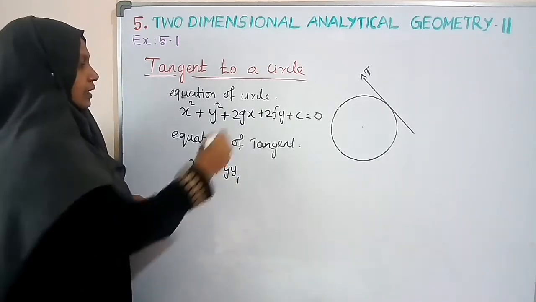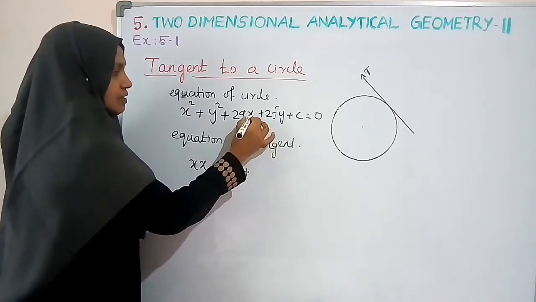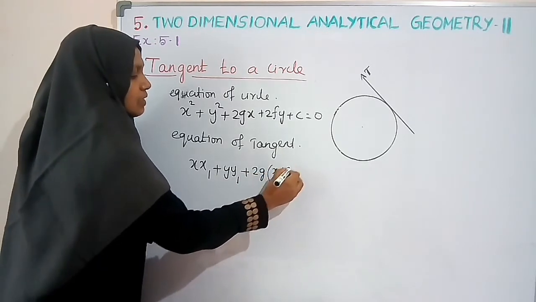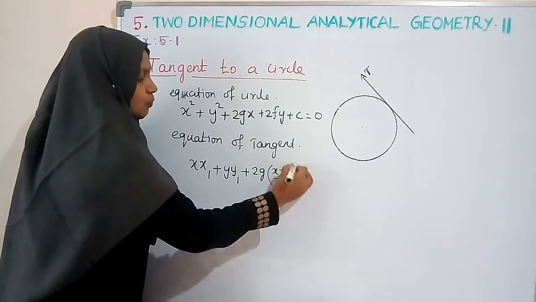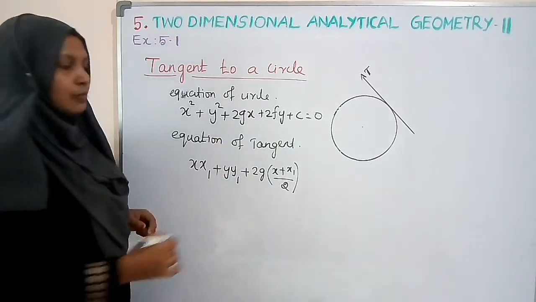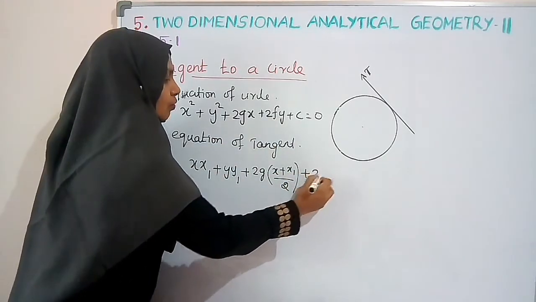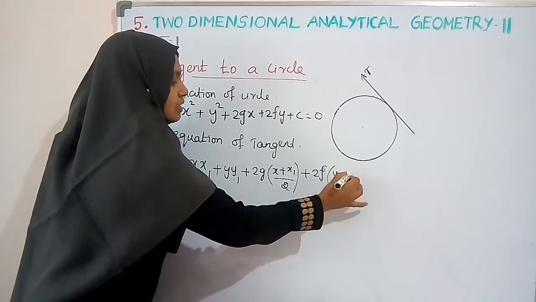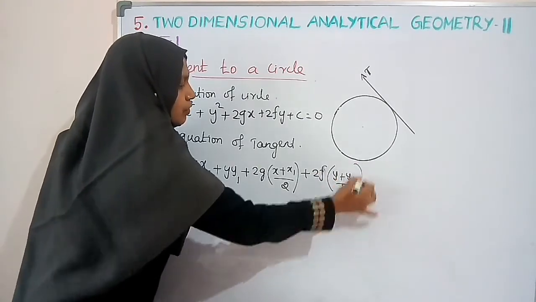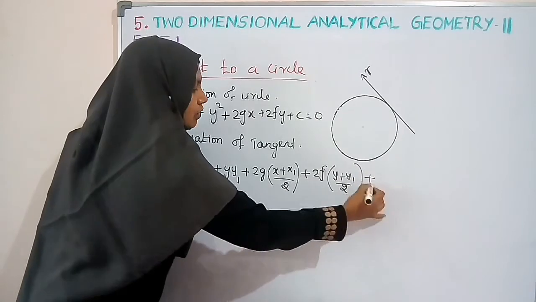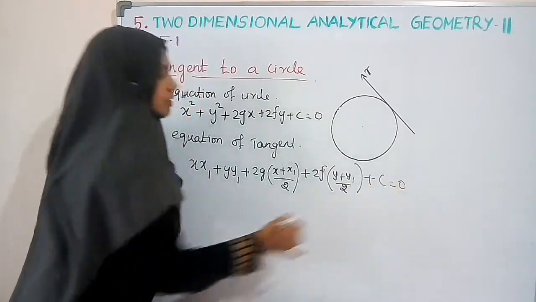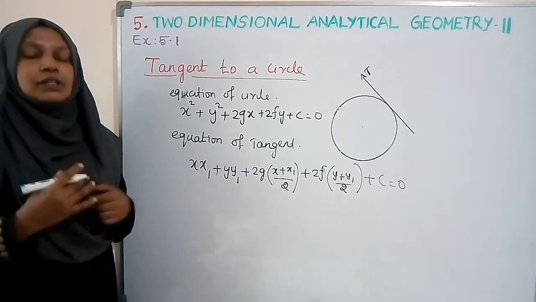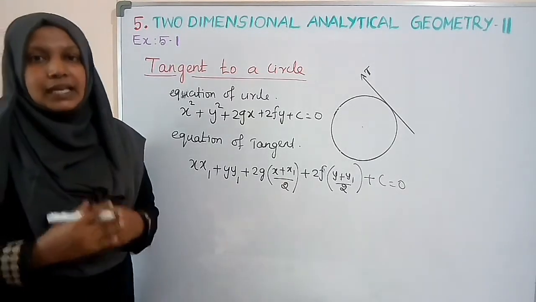The x term, you should replace x value as x plus x1 by 2, and 2f into y value, replace y as y plus y1 by 2, and keep the constant term as it is, which is equal to 0. If you are replacing like this, you will get the equation of tangent.